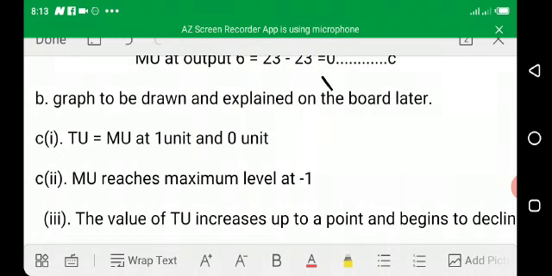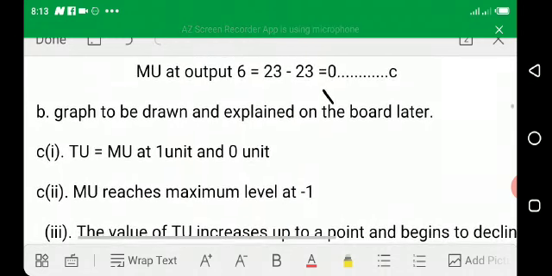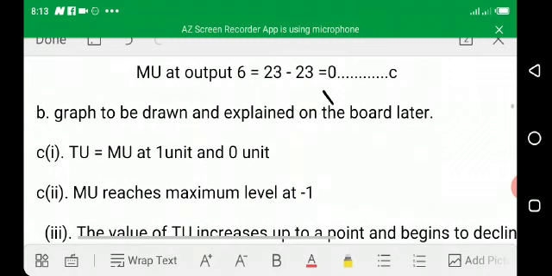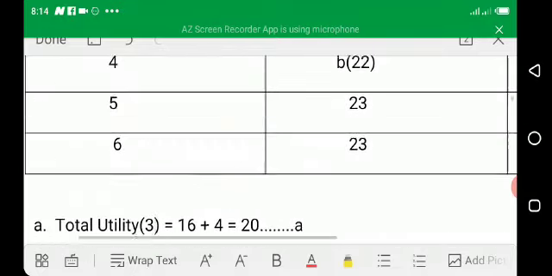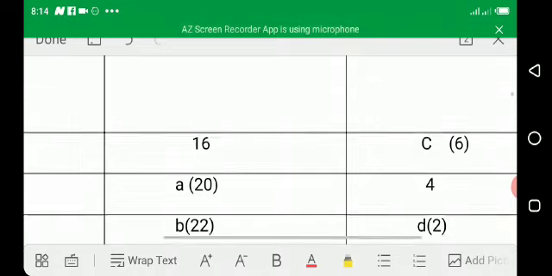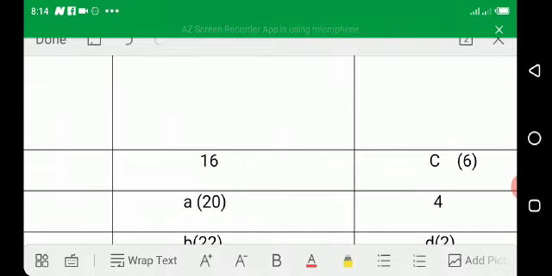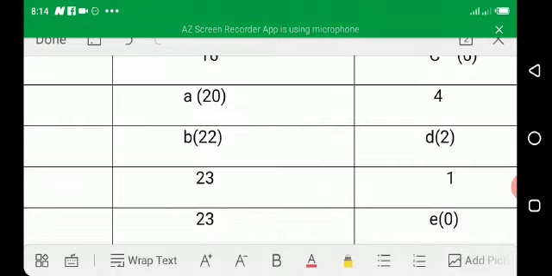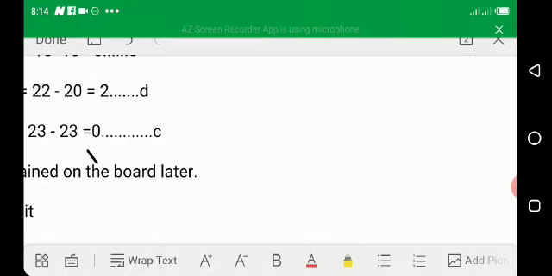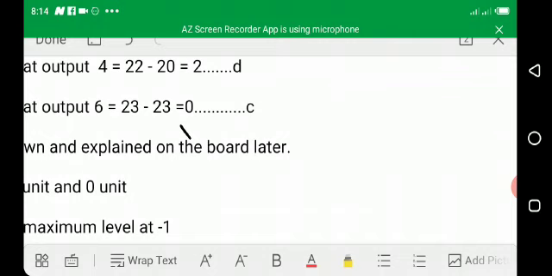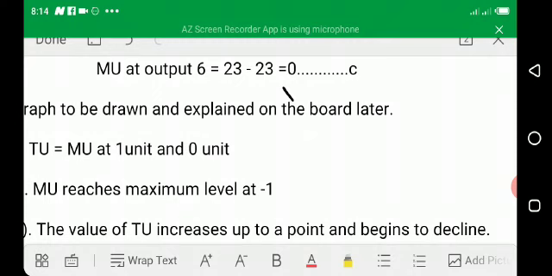According to the information we have here, the marginal utility highest number is that of 6. And it reaches the maximum at -1. If we draw our table very well on the graph, this will be reflected on the graph.